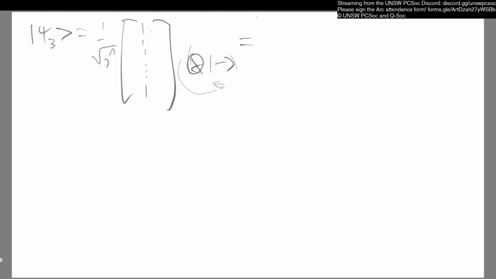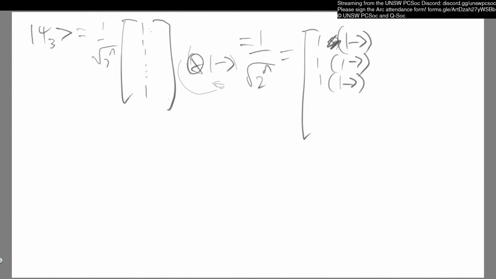But you also have the result, which I will draw. Sorry. 1 times minus state, 1 times minus state, and so on. 1 times minus state. So after the computation, when you've passed it through the oracle, U_f, you will get this looking thing.